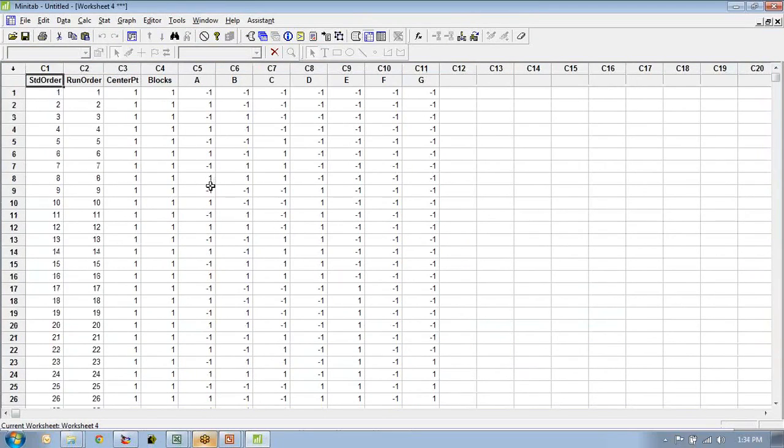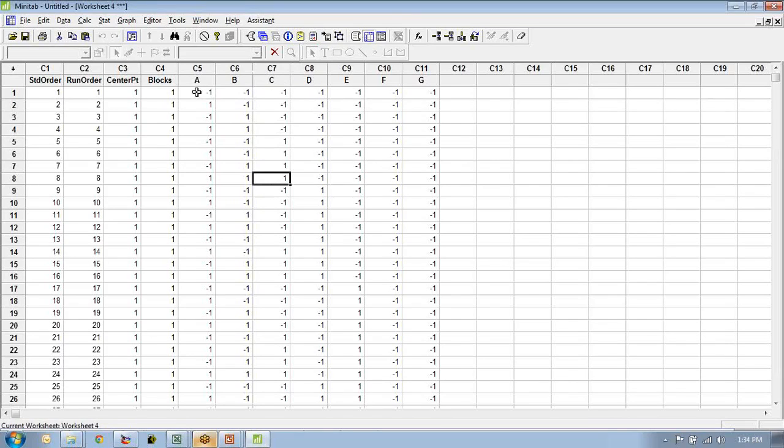Here's the standard run. You see -1, +1, -1, +1, -1, +1. If you went all the way down, you'd see that pattern: -1, -1, -1, +1, +1, -1, -1, +1, +1, and so on. Minus, minus, minus, minus, plus, plus, plus, plus, and so on.